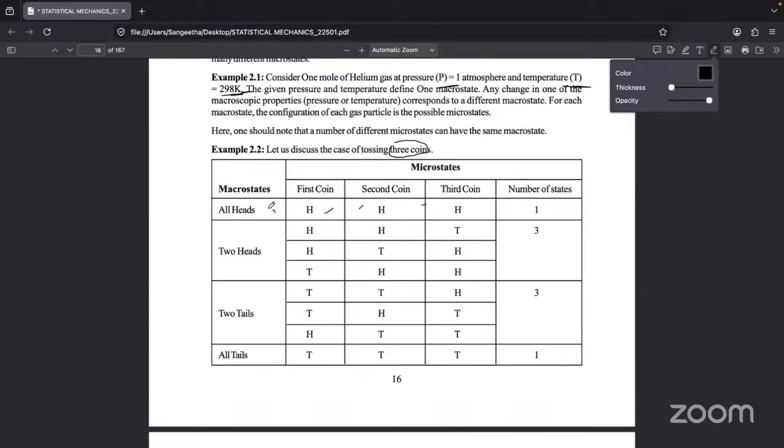All heads is one combination. 2 heads is a combination. 2 tails is a combination. All tails is one combination. All heads is 1 possibility, 2 heads is 3 possibilities, 2 tails is 3 possibilities, all tails is 1 possibility. So total number of outcomes is 1 plus 3, 4, 5, 6, 7, 8.